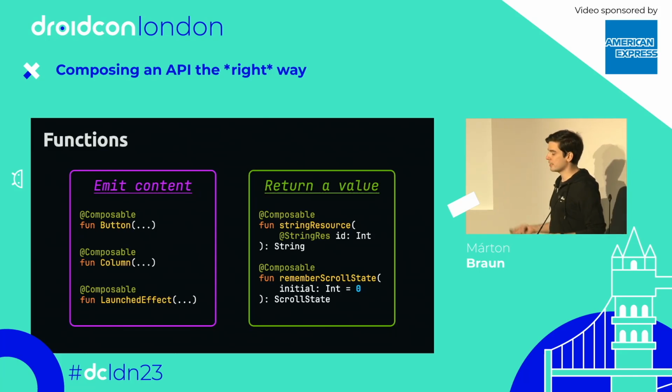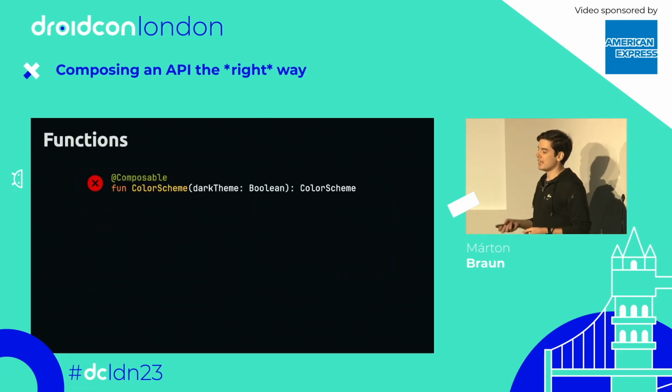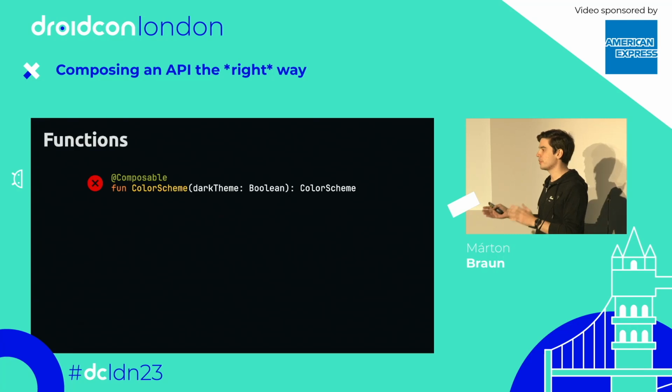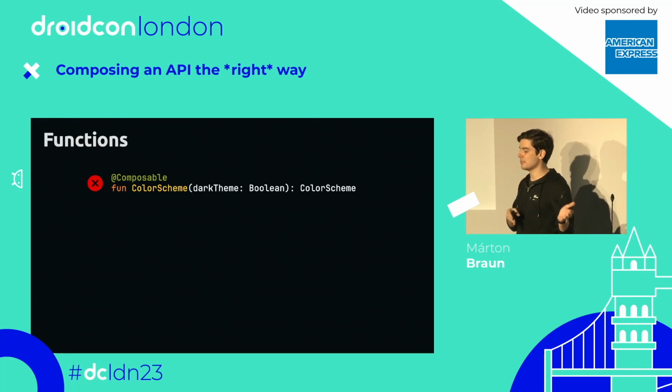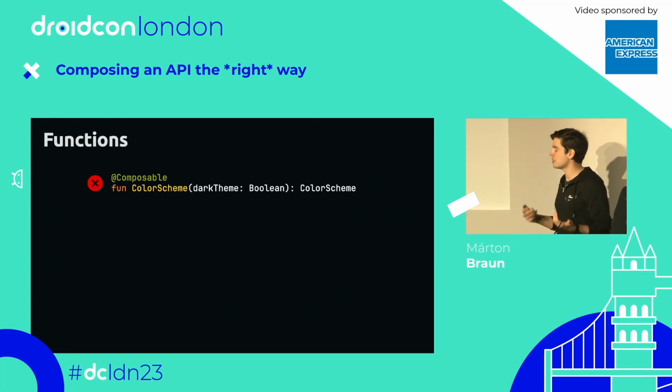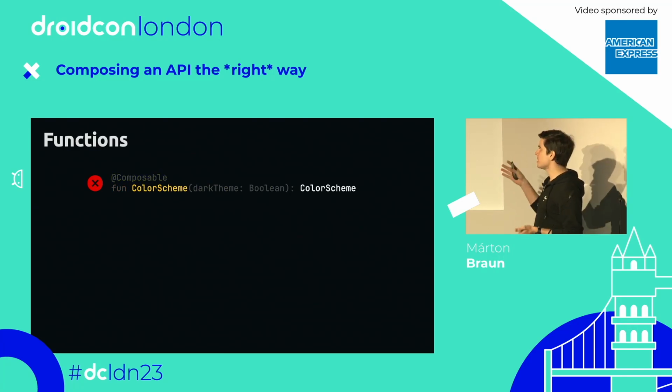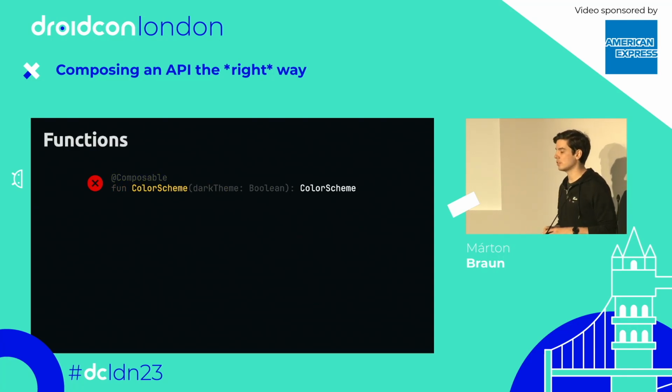And elaborating on the second category, Kotlin has this nice convention where if you have a factory function, like a virtual constructor, you can use the same name for the function itself as the type that you're producing. But in this case, with composable functions, you should not do this. So you should not use this special convention that Kotlin's naming guidelines have.